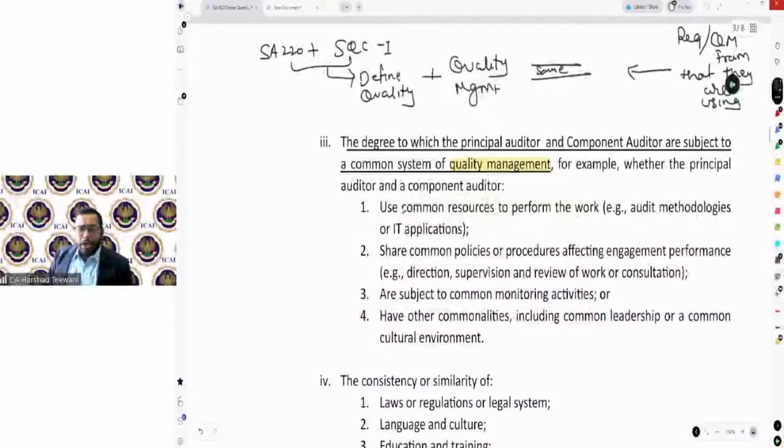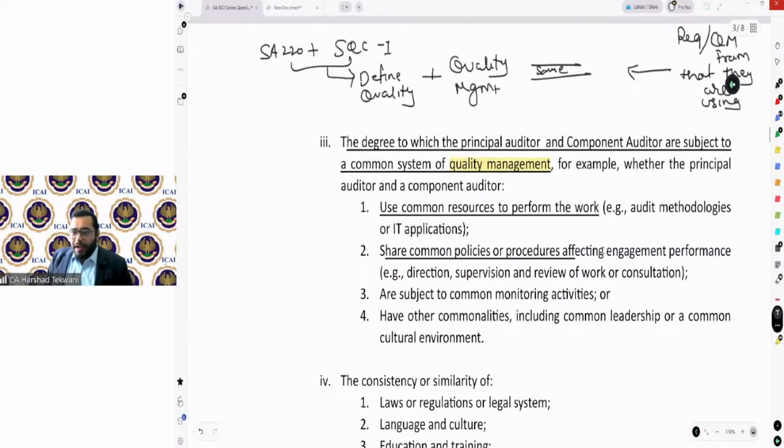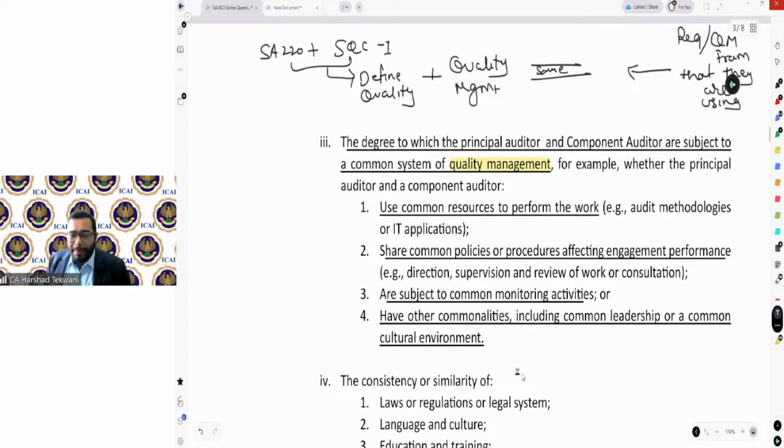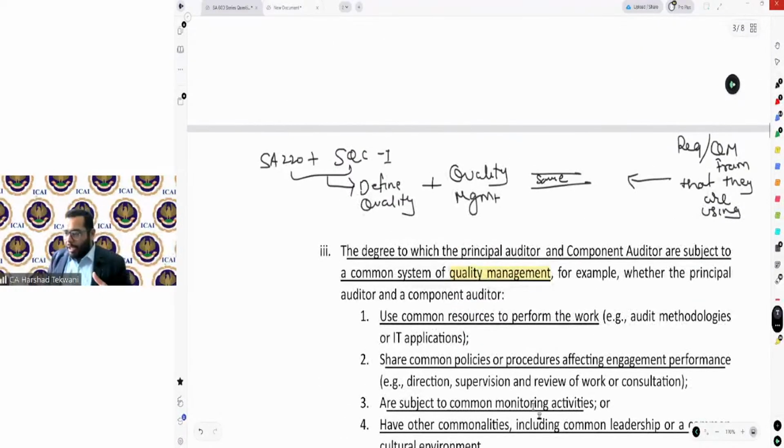For example, use of common resources. If there is a common resource to perform the work, common policies and procedures affecting the engagement performance, subject to common monitoring activities, having commonalities like common leadership or common cultural environment. Basically, when I say common here, common means how similar it is to ours, whether it is sufficient. Let's say, for example, common resources like audit methodology or IT applications that they are using.